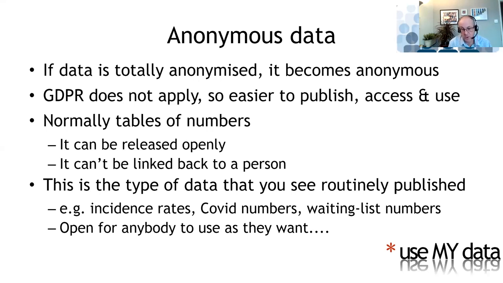You'll have seen those all over the place: incidence rates are anonymous data, COVID numbers are anonymous data, waiting list numbers, very topical at the minute, are anonymous numbers. They're published. Now, that sounds easy and sensible, but of course that's open for anybody to use as they want. And that has caused problems in the past, which has caused people to question, well, do I really want my data to be part of anonymous data?